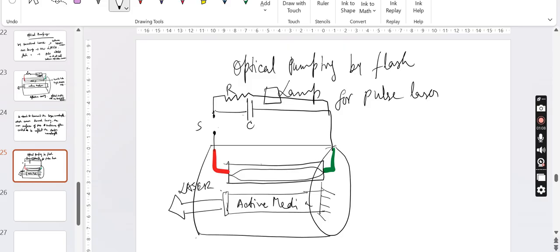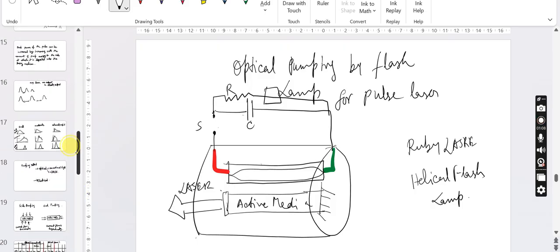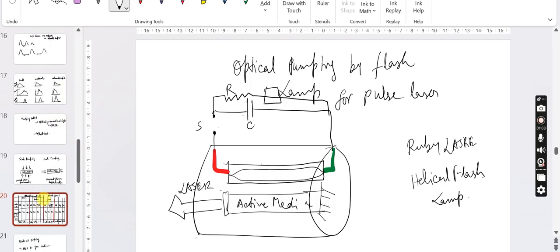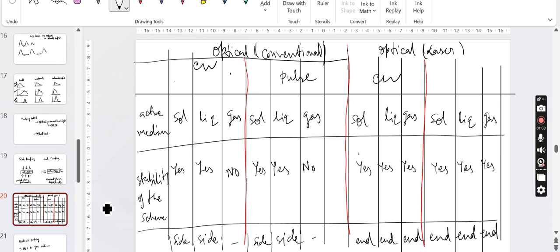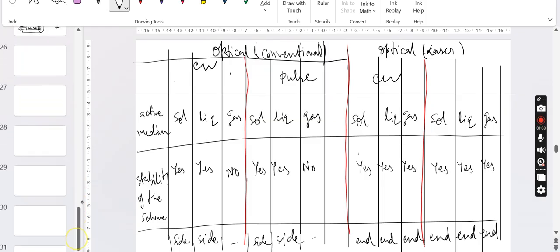So the typical ruby laser, which is the first laser, used a helical flash lamp as its pump. Here you can see that in the conventional optical method, the pumping is sidewise, not endwise.